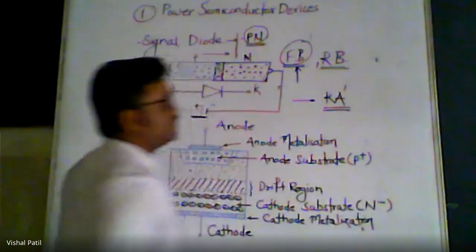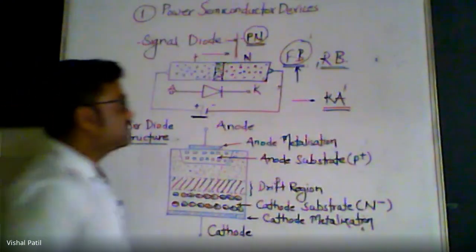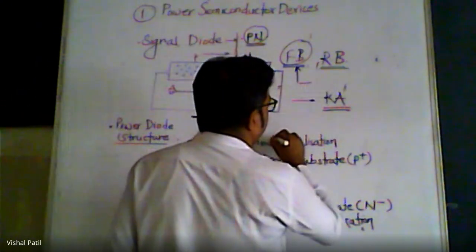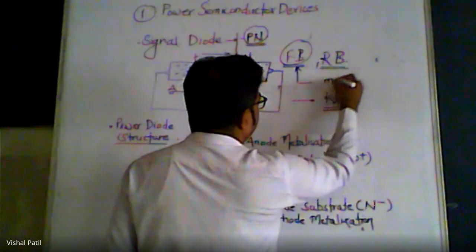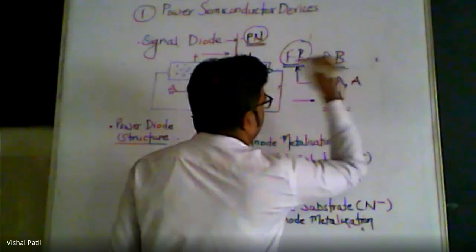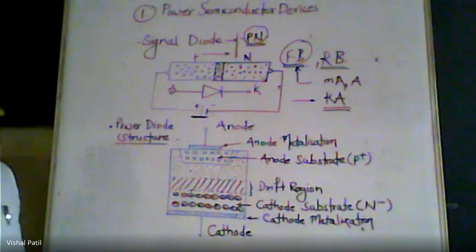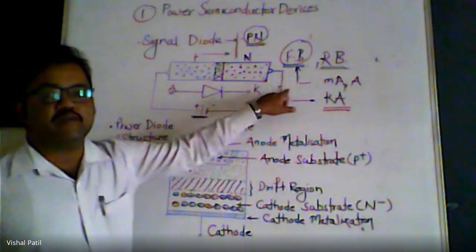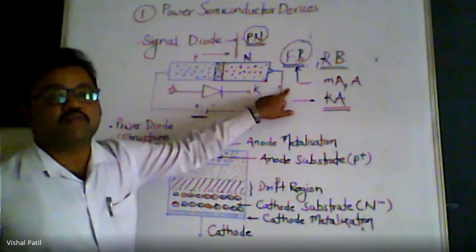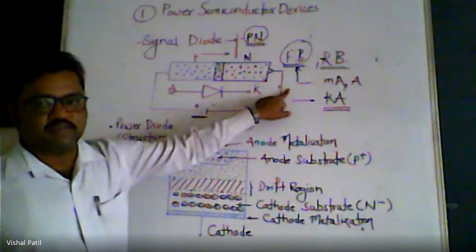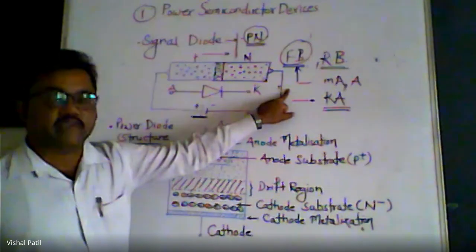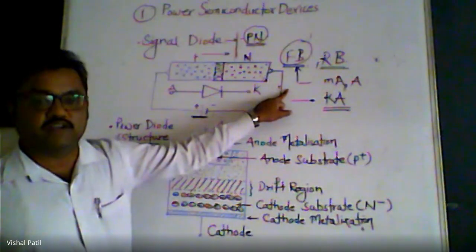And the current carried by the signal diode may be in milliampere or just normal ampere, very small current. So this is the difference between signal diode and power diode. The forward current carried by a power diode is very high as compared to the signal diode.